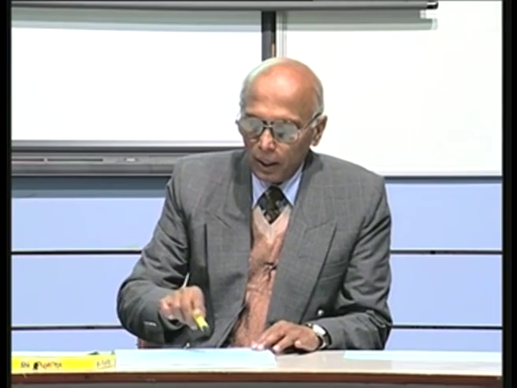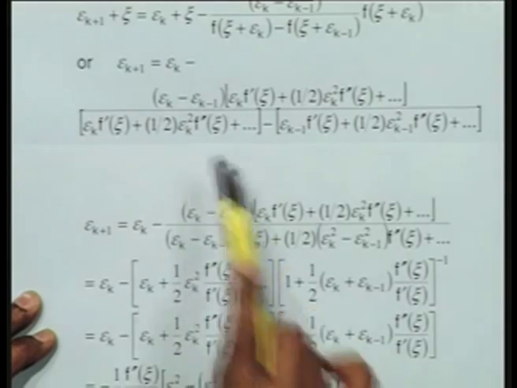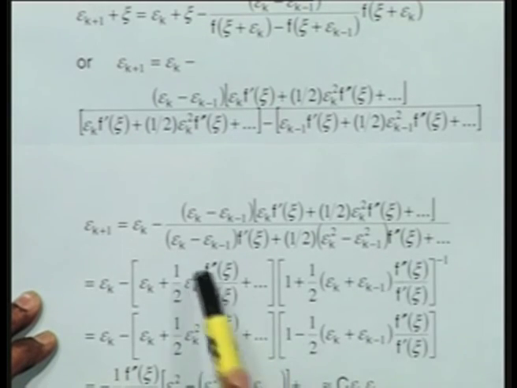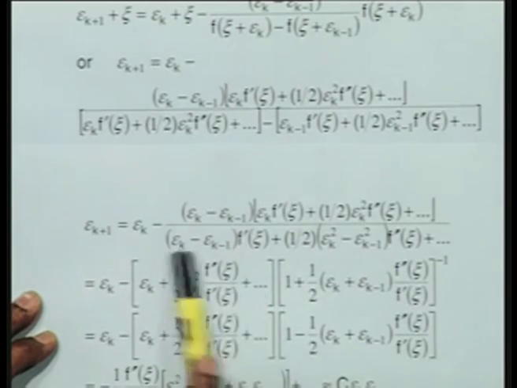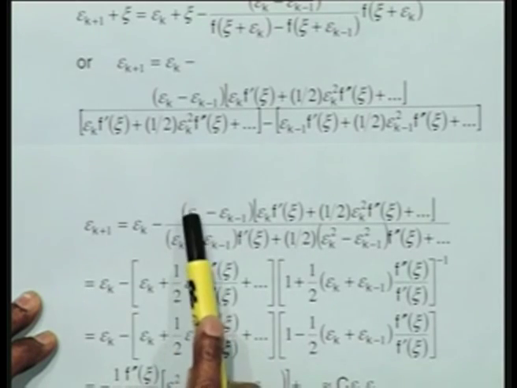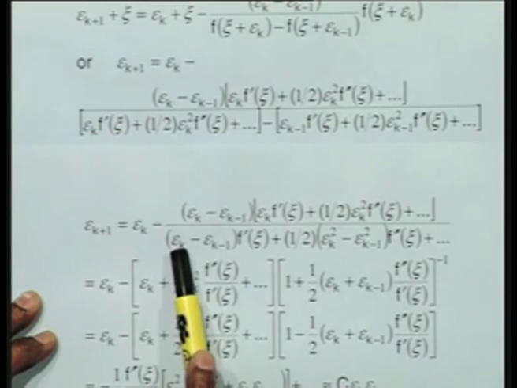As you can see, in the denominator f dash x_i, I can take epsilon_k minus epsilon_{k-1} as common here, f dash x_i. The second term is half epsilon_k square minus epsilon_{k-1} square, so these two are subtracted, times f double dash x_i. Now in order to take it up, I will take this particular factor out. If I take this factor out, epsilon_k minus epsilon_{k-1} is common, so it cancels off.